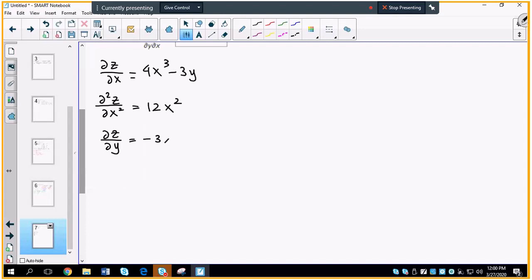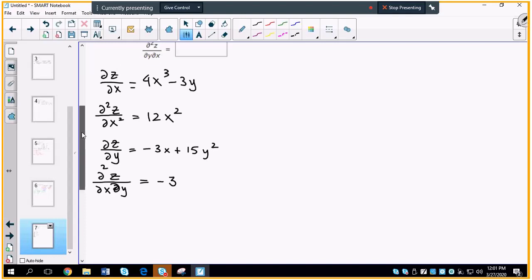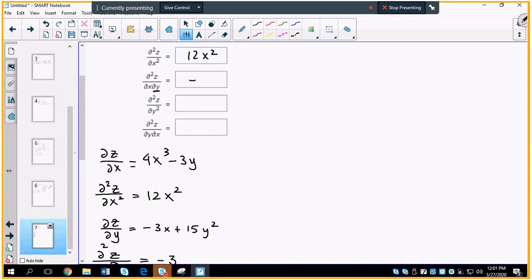Then I derive it one more time, so that becomes del 2, and I derive it this time with respect to x. So del 2z del x del y. So look at your function del z del y, take the derivative with respect to x, and you get negative 3. So that's the second one. It is going to be negative 3.